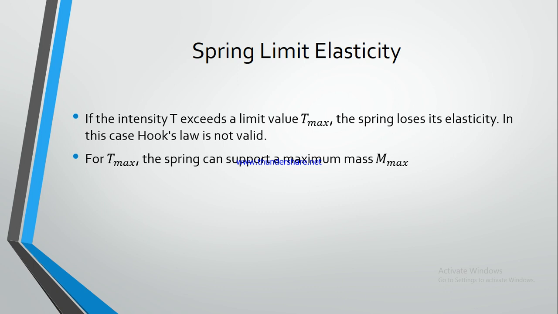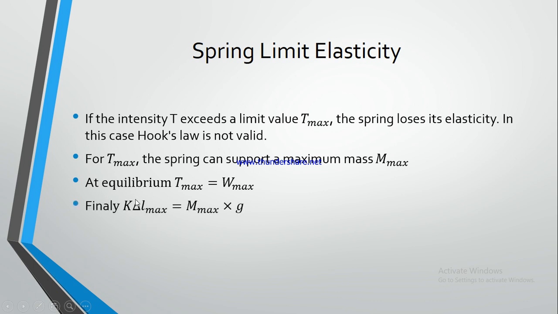If some mass exceeds this maximum mass, the spring loses its elasticity. And we know that at equilibrium we have Tmax equals Wmax, then K times delta L max, the maximum elongation, equals the maximum mass times g. Thank you.